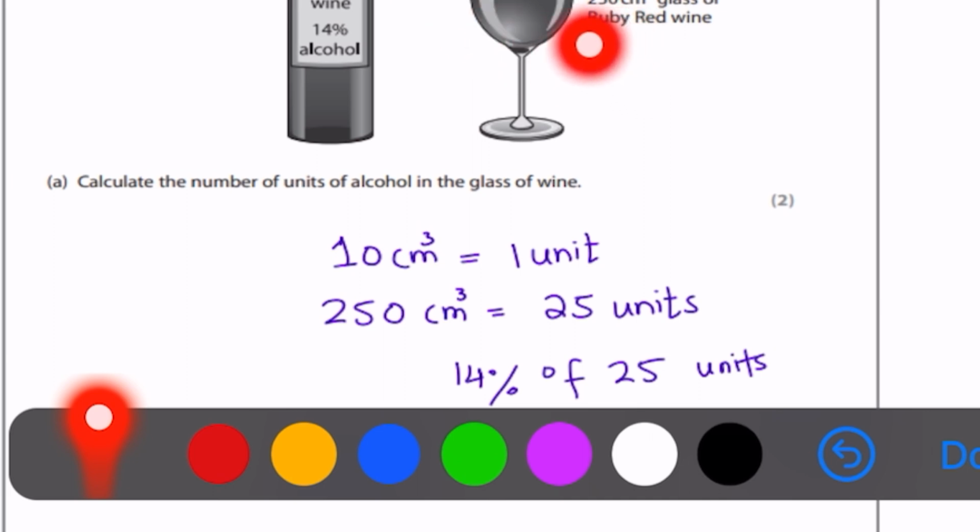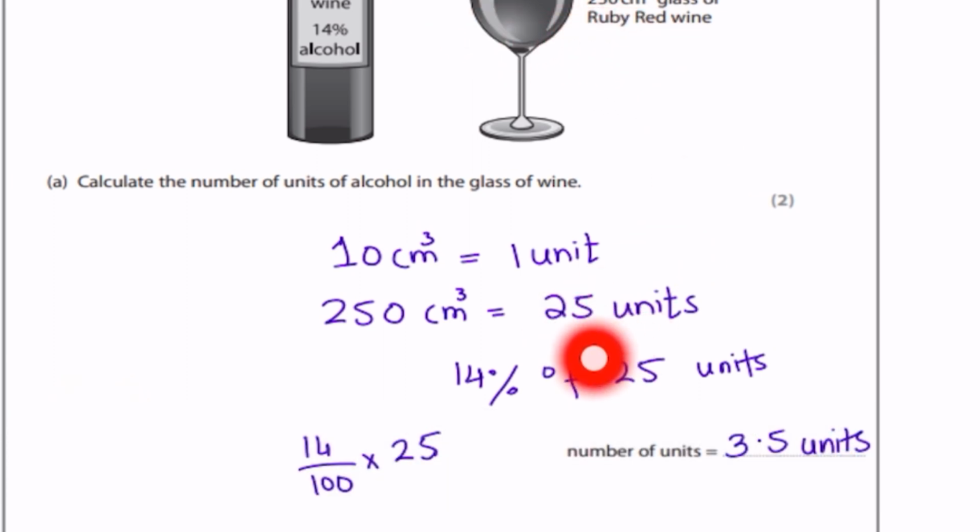So 250 cubic centimeters must be 25 units. So we have to find 14%, because we know it has 14% alcohol, not 100% alcohol. So we have to find 14% of 25 units. 14 divided by 100 times 25, and here we will get 3.5 units. I hope this is clear.